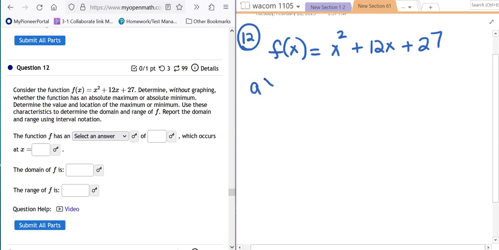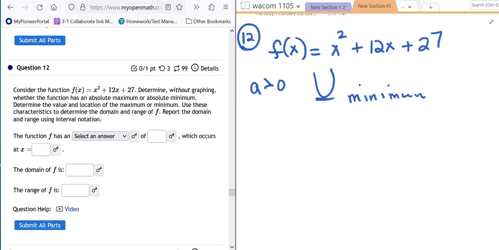A is greater than 0, so it's going to open up. And that means you will have a minimum. And so we determined it has an absolute minimum.